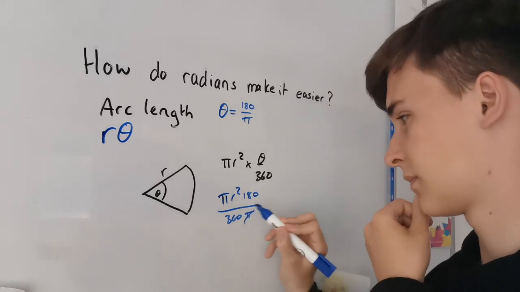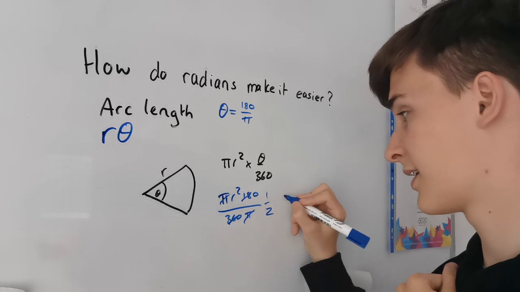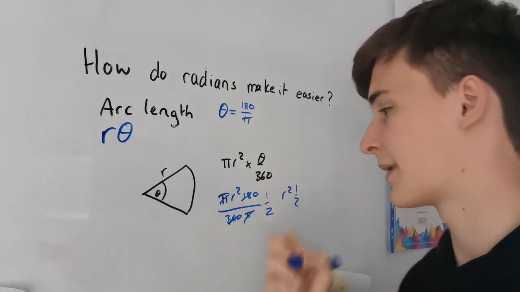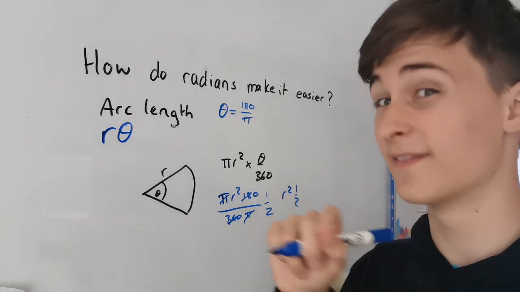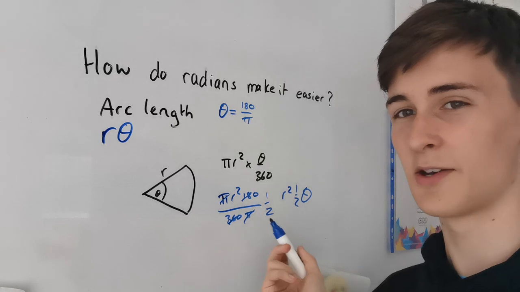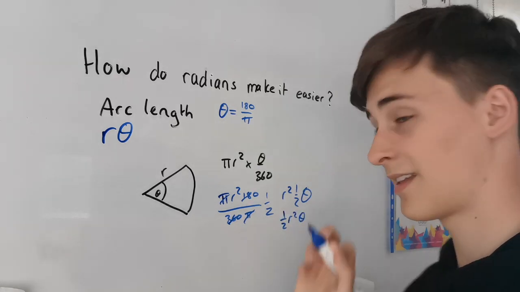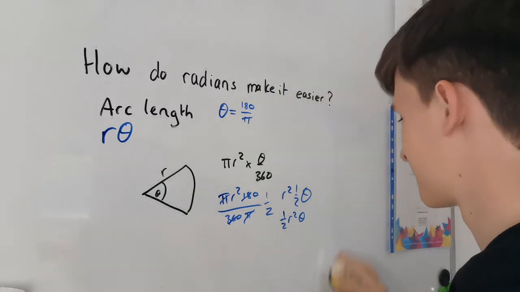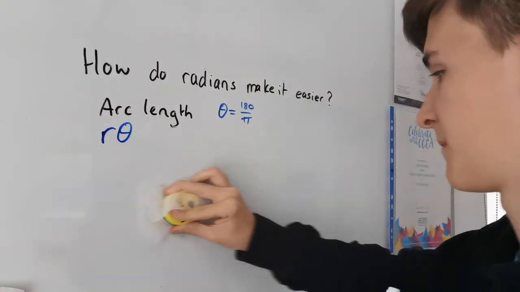Cancel it down and you get a half. So r squared, a half, and we still have to multiply by theta, because we used the value of theta rather than theta itself. So theta goes in here, or you can just write a half r squared theta.